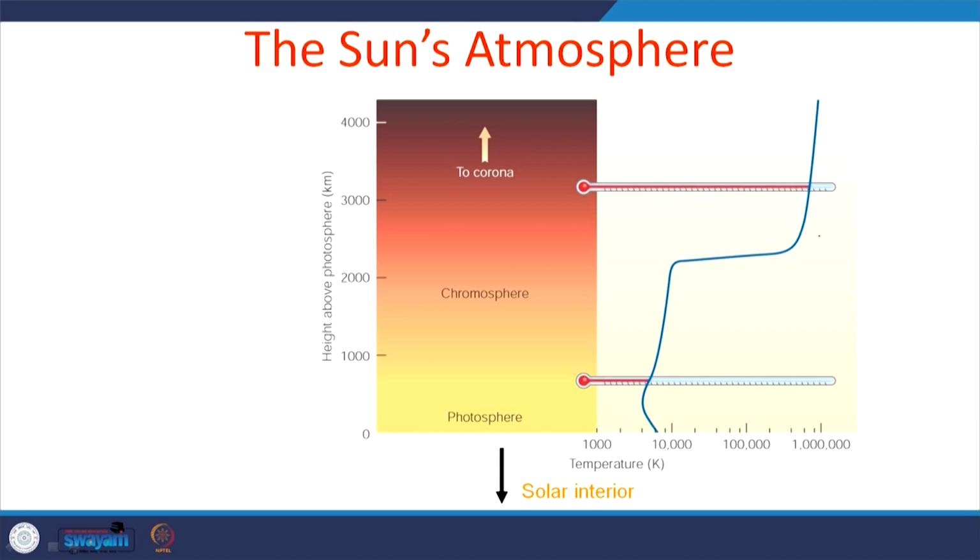This increase is very crucial. The usual physical laws cannot explain how the temperature increases as a function of height, because there is no source here, this is vacuum. How the temperature increases as you go away from the source is a very complicated physical process.